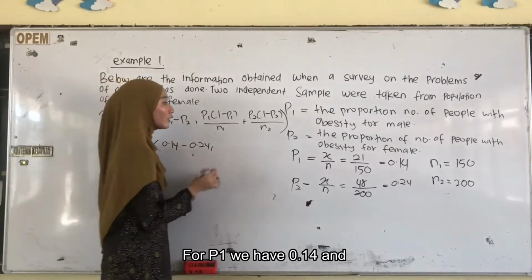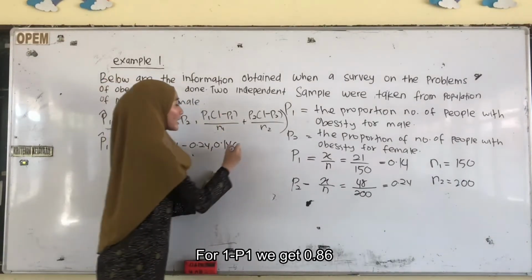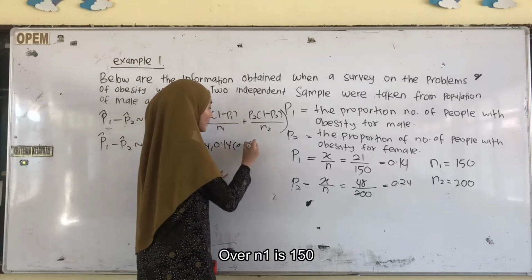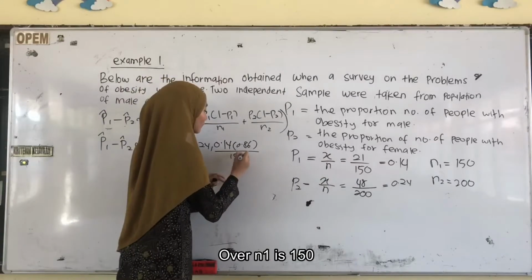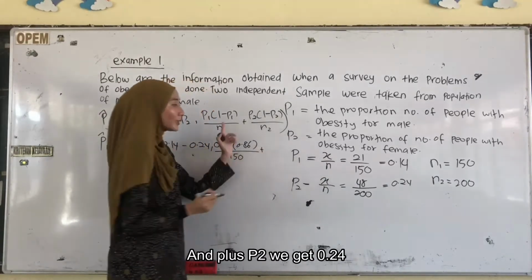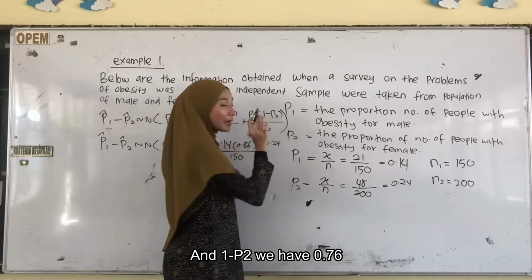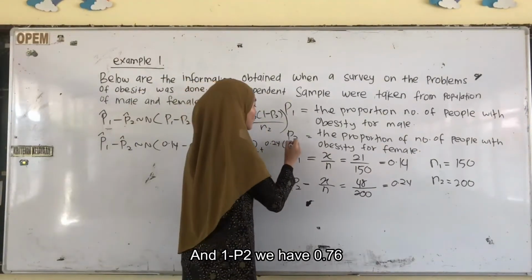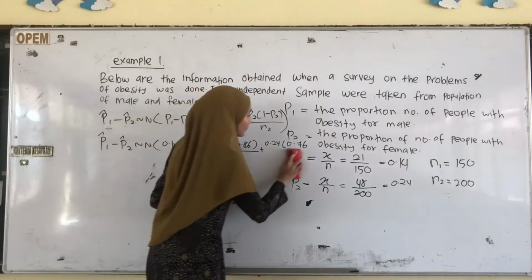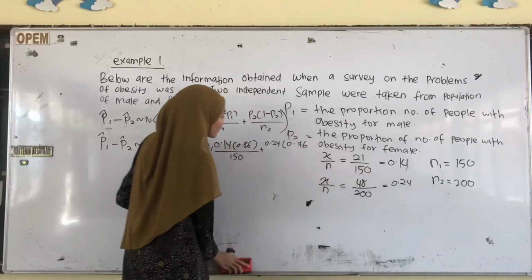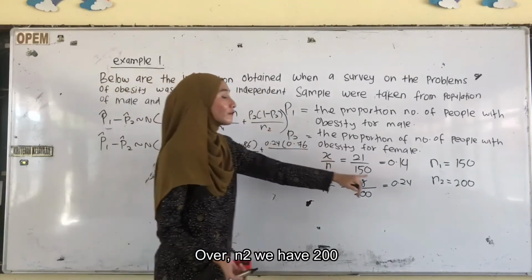Okay, for P1 we have 0.14 and 1 minus P1 we get 0.86 over N1 which is 150, and plus P2 we get 0.24 and 1 minus P2 we have 0.76 over N2 we have 200.